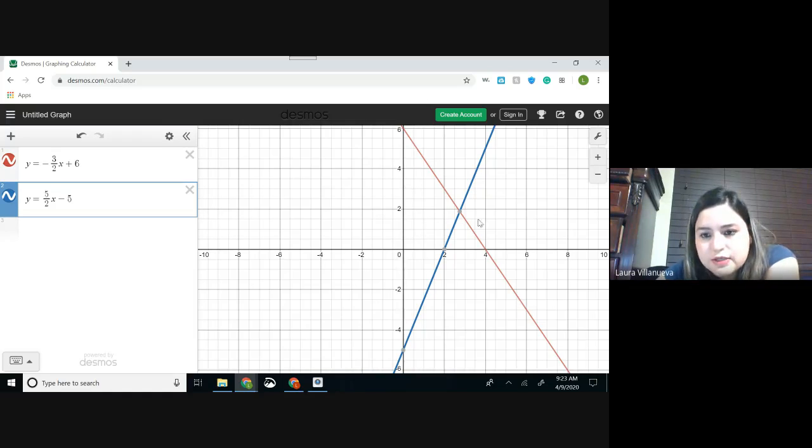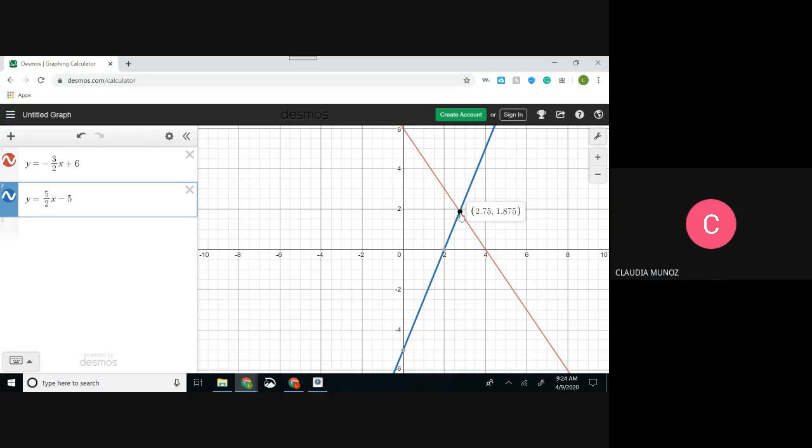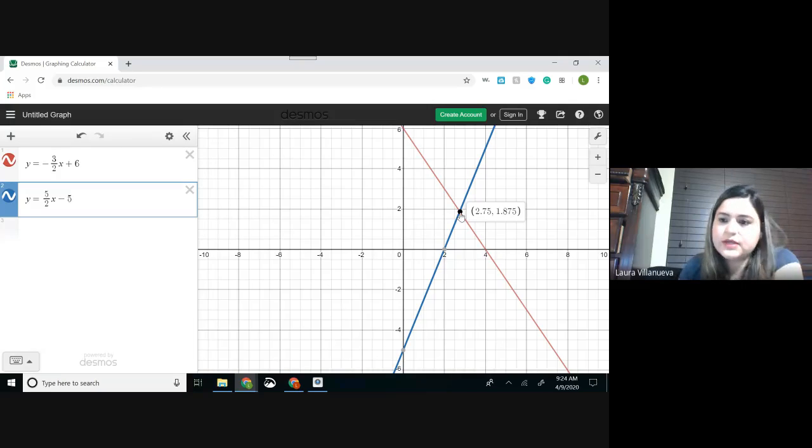And then your Desmos app gives you the intersection, which is right here. So that's going to be your intersection: 2.75 and 1.875.